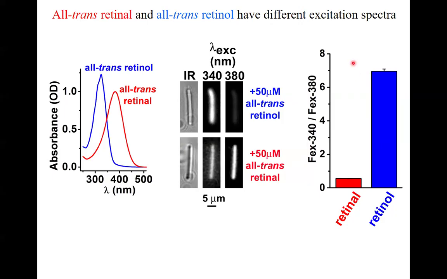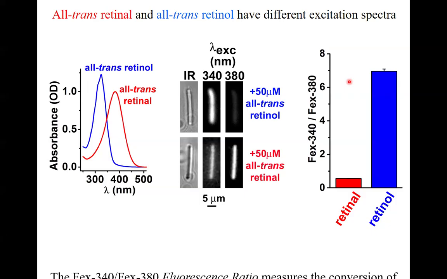And if you have done any fluorescence imaging with calcium-sensitive fluorescent dyes or pH-sensitive dyes, this is basically a ratiometric assay, and we have worked through it to use it for the retinal-retinol ratio. I'll be going through this in a moment.